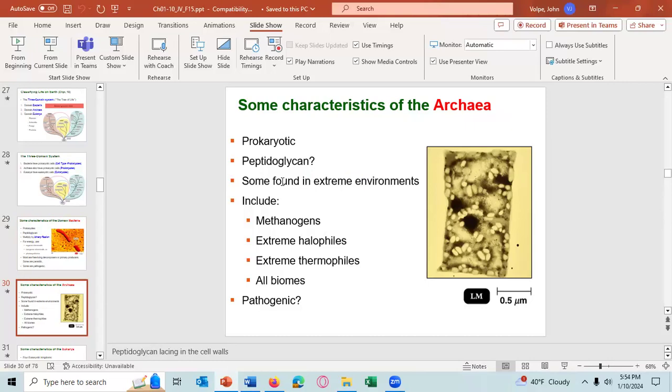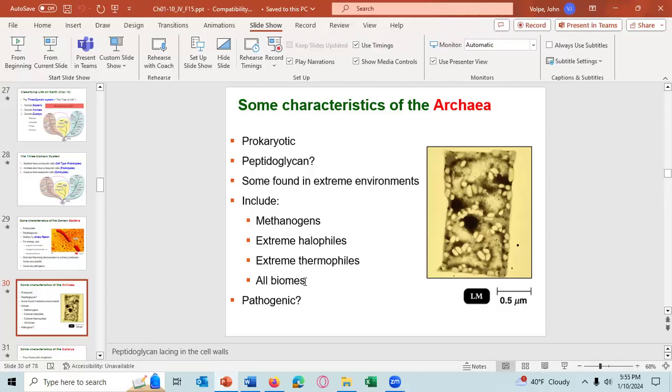But when we look at all the Earth's ecosystems, we find archaea in every ecosystem. Some of the extreme environments where you can find archaea include the methanogens, areas where there's methane; extreme halophiles, where there's extreme salt, like the Dead Sea; and extreme thermophiles, where there's extreme heat. But like I said, when we looked further, we could find archaea in all of the Earth's biomes.